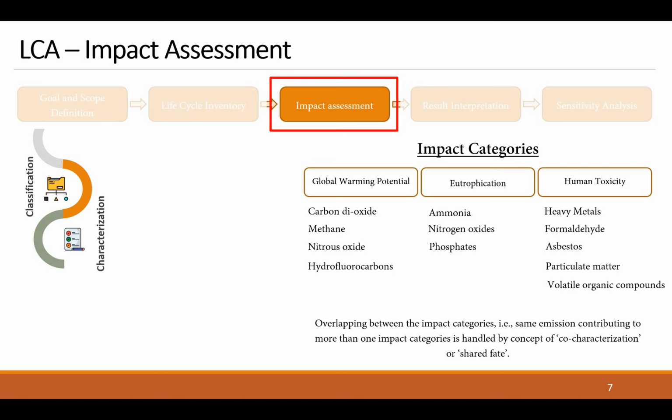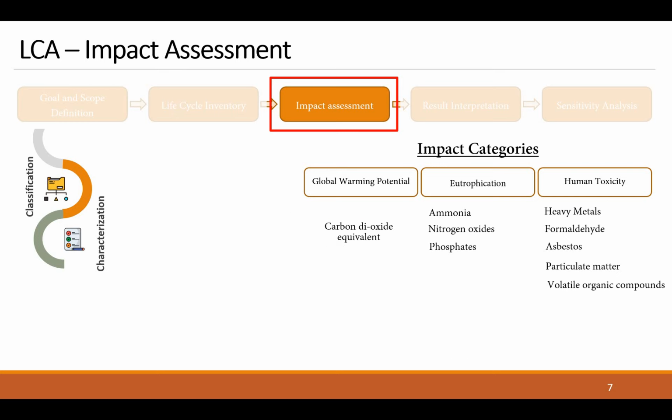So to consider that effect, we have to use some scientifically calculated factors and convert all of this data to one scale. Usually for global warming potential, we express this data as carbon dioxide equivalent, but it could be any other unit or any other gas as well.